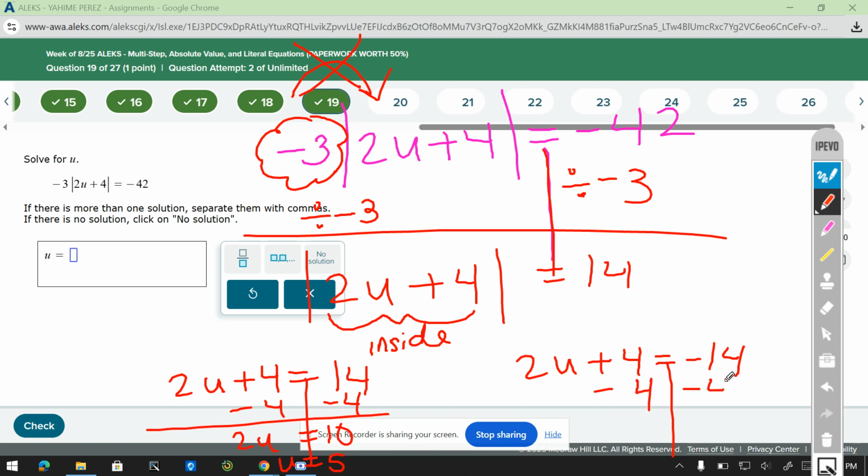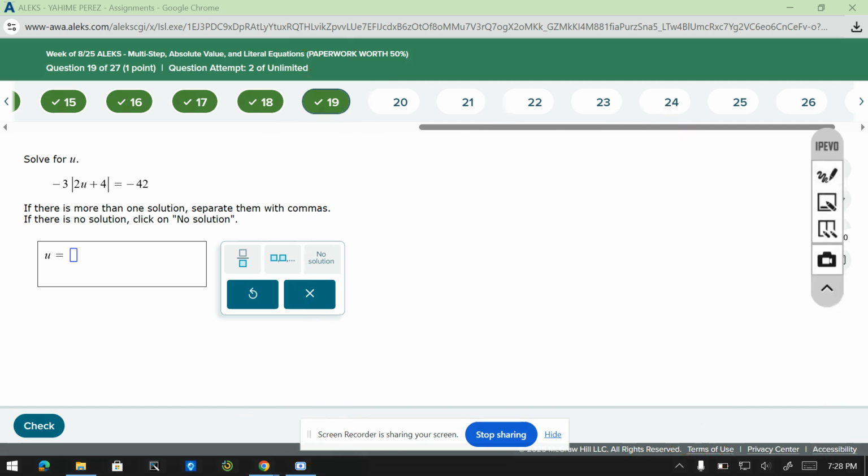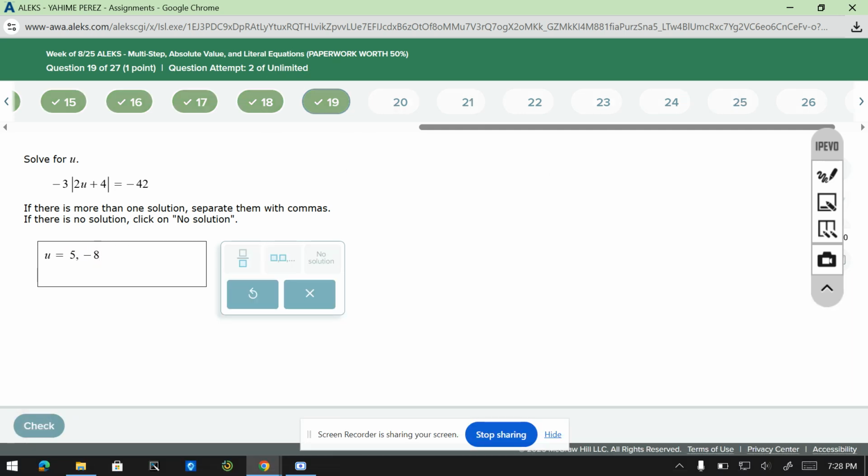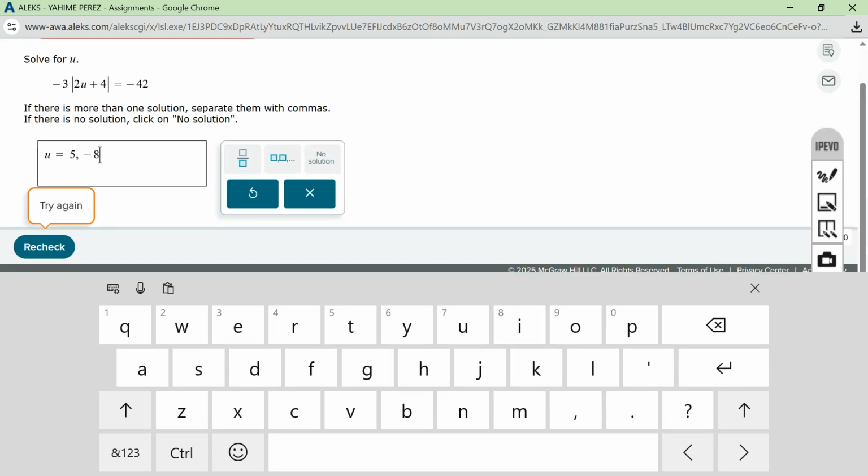And going to do essentially the same process to the other side. And divide by 2. Okay, so I got my two answers, 5 and negative 8.